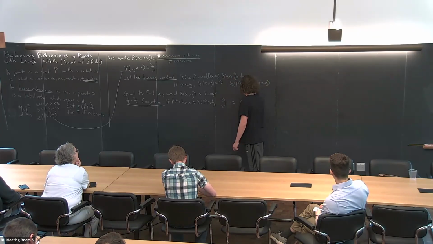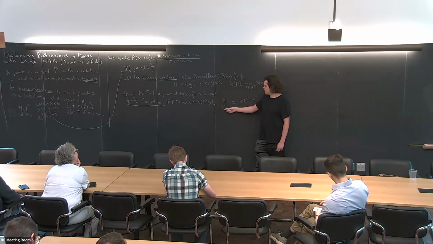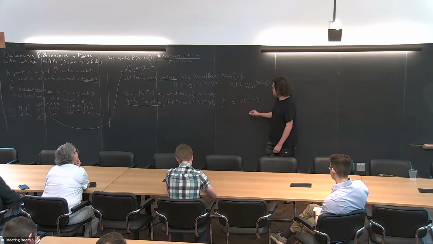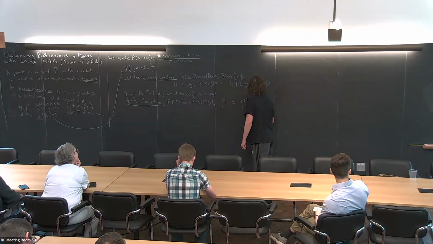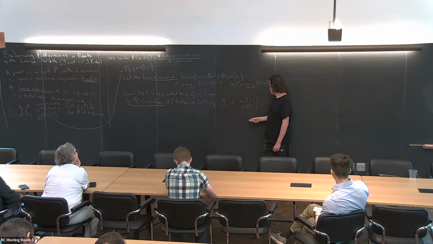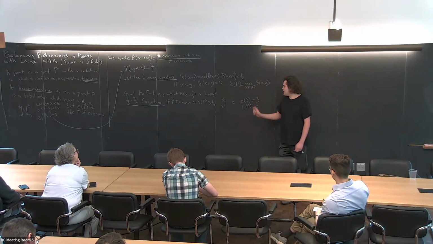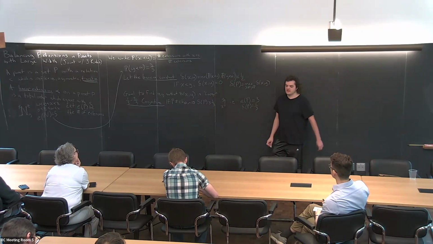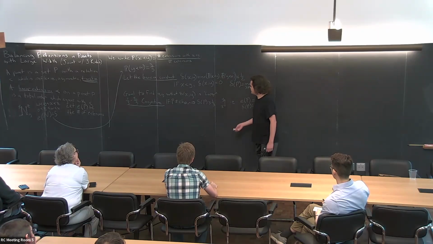How many extensions are there for this poset? z can go below x, between x and y, or above y. So there are 3 extensions, which means that delta of P is going to be 1/3. There's 1/3 probability that z goes below x, 2/3 probability that z goes above x. You can't pick a pair that's better than 1/3 here. So if the conjectured 1/3 holds, it's tight for this example at least.